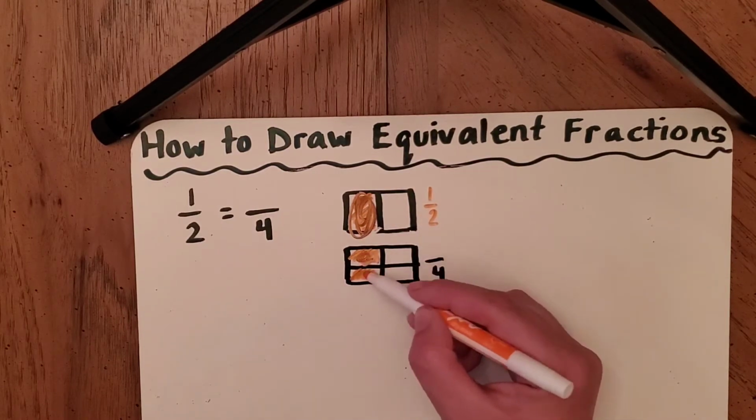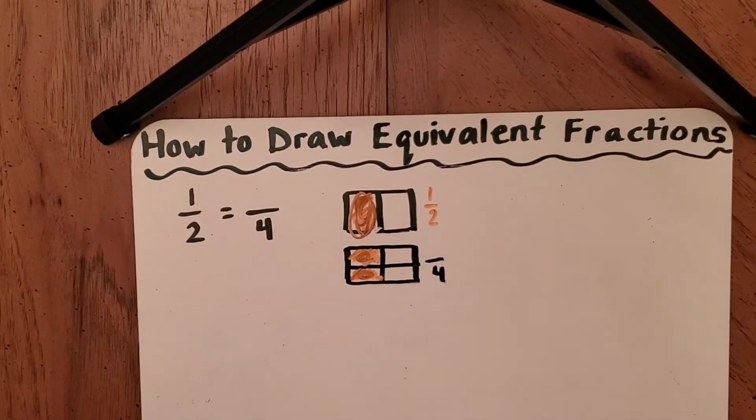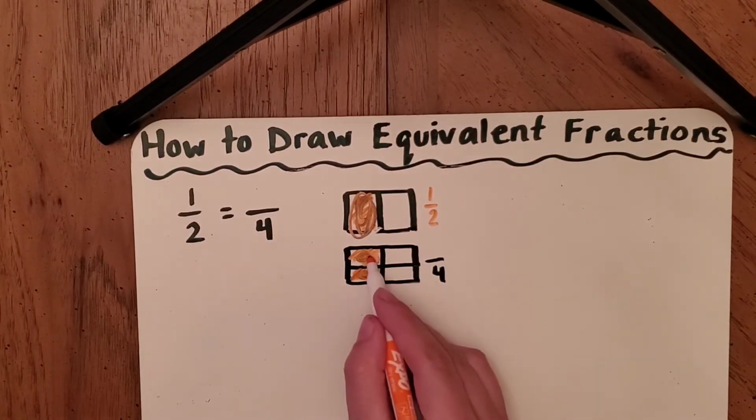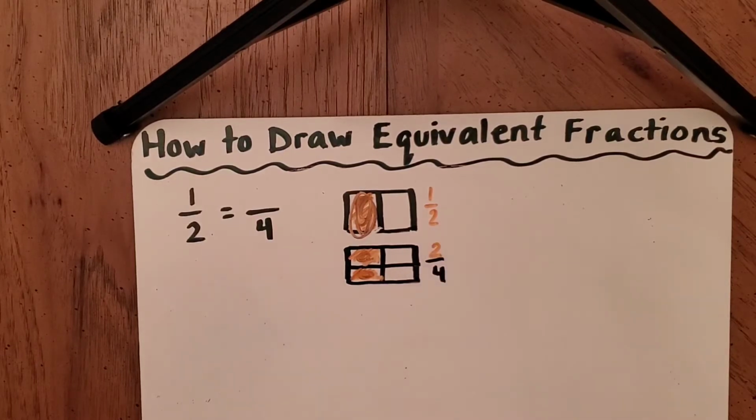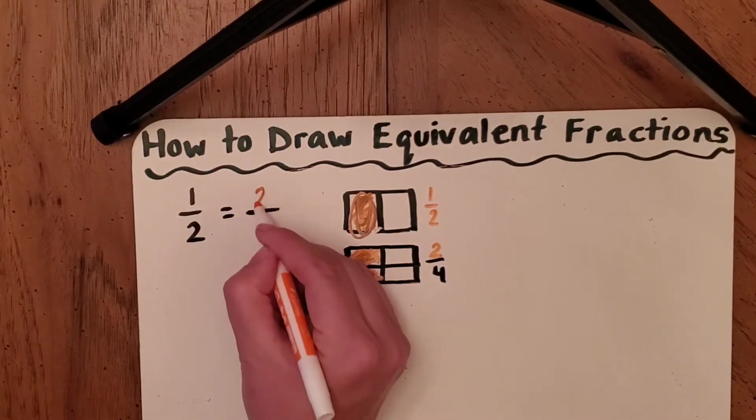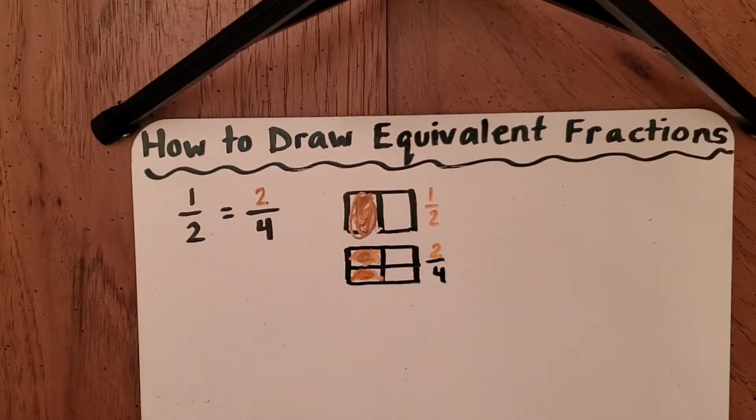I'm going to shade in the same space on my other model. How many fourths did I shade in to make my pictures equivalent to 1/2? I can see that I shaded in 1/4, 2/4. That tells me that 2/4 is equivalent to 1/2. Okay, let's try another one together.